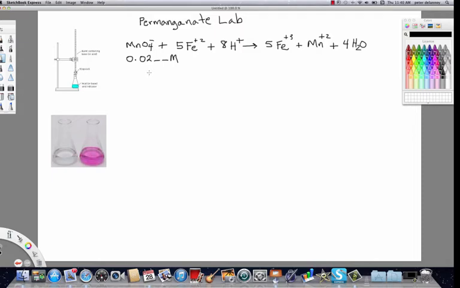And in the first step of these kinds of laboratories, the student will confront what the teacher is going to call a standardization. In that standardization, what you have to do is determine the concentration of permanganate to 4 decimal places so that we actually have an analytical concentration of this.